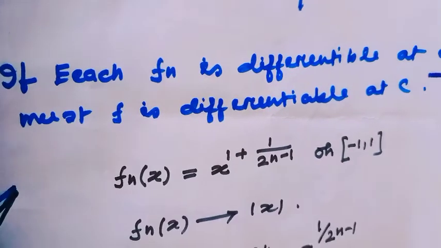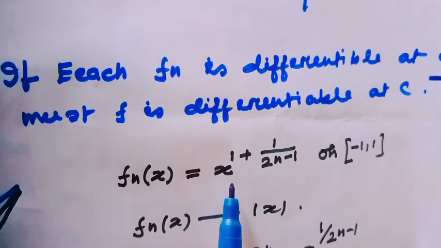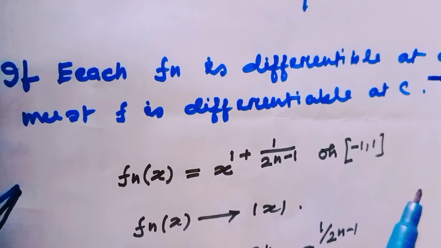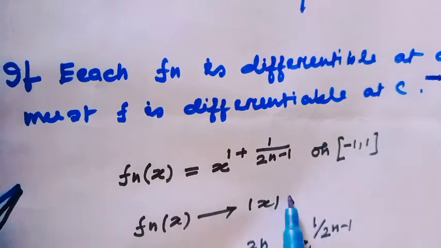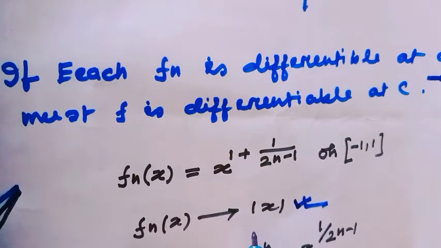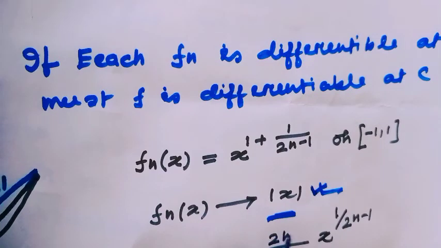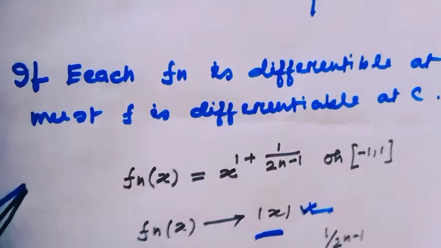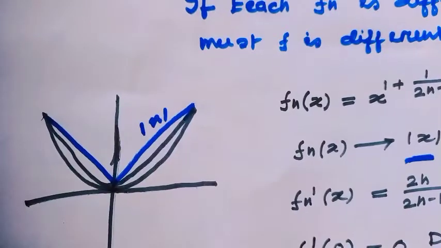Consider the function fn(x) equal to x to the power 1 plus 1 over 2n minus 1, defined on the closed interval minus 1 to 1. Obviously, this sequence of functions converges to mod x; just see the pointwise limit. This is an easy type, and the graph looks like this.